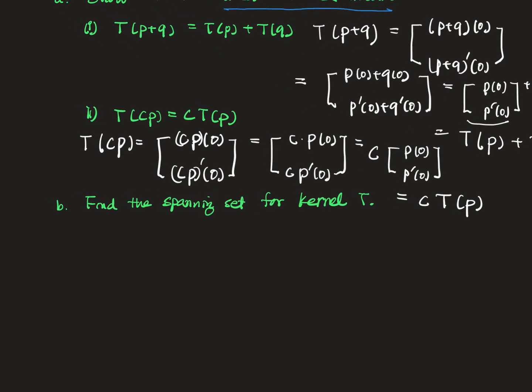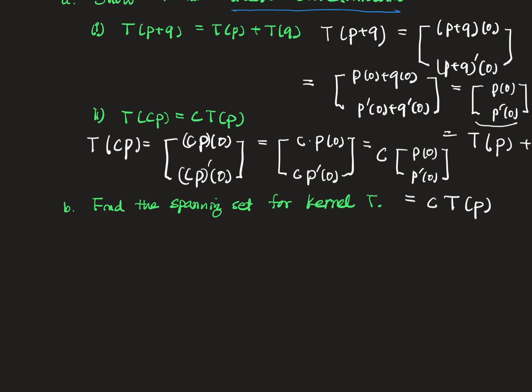Okay, last one: we're going to find a spanning set for the kernel of T. What is the kernel of T, guys? Let's go to the kernel of T. You always have to go back to the definition. The kernel of T means you find the polynomials P, a polynomial function of degree 2, such that T of P is 0.